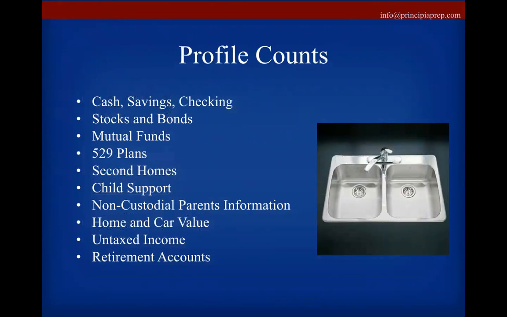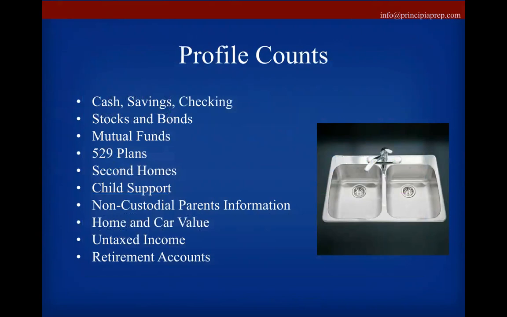And the reason they do that is because the CSS Profile form is used to provide the school's own institutional aid. When they provide institutional aid, they're a lot more generous because these colleges are typically the ones that have more money available to provide.